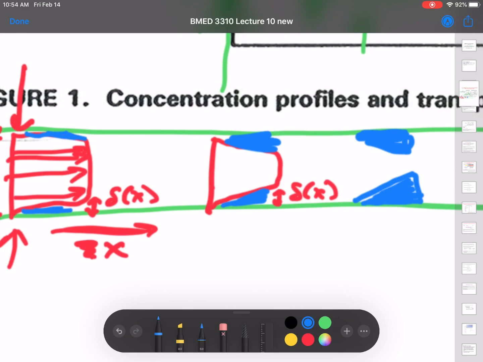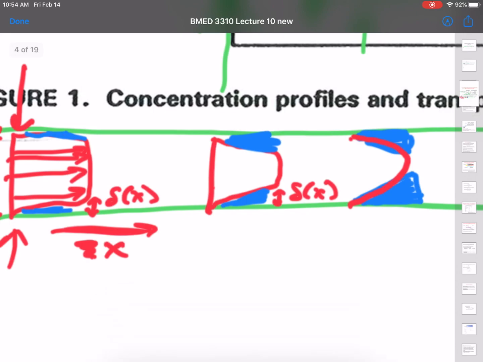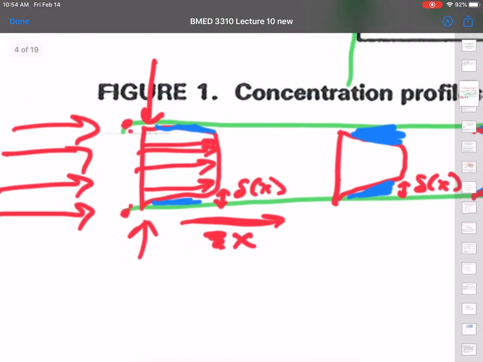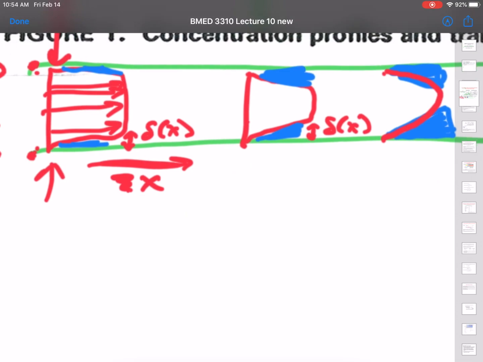If I go back to the red, as you go further downstream, the boundary layer is going to keep getting bigger and bigger until it meets at the middle, and then you've got a nice parabola right here.